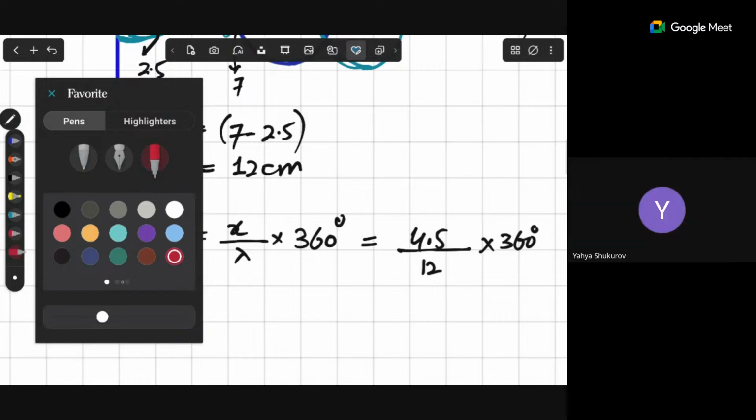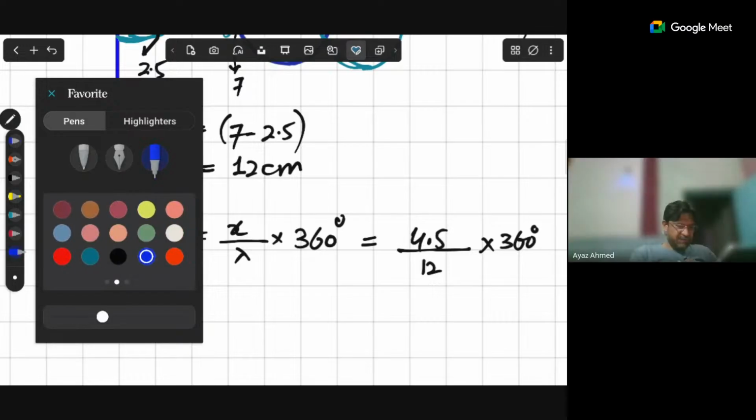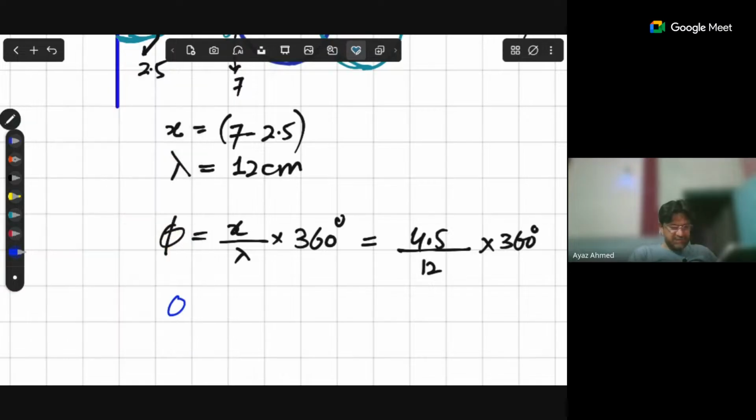Yes, 135. So these waves have a phase difference of 135 degrees. Is it clear?